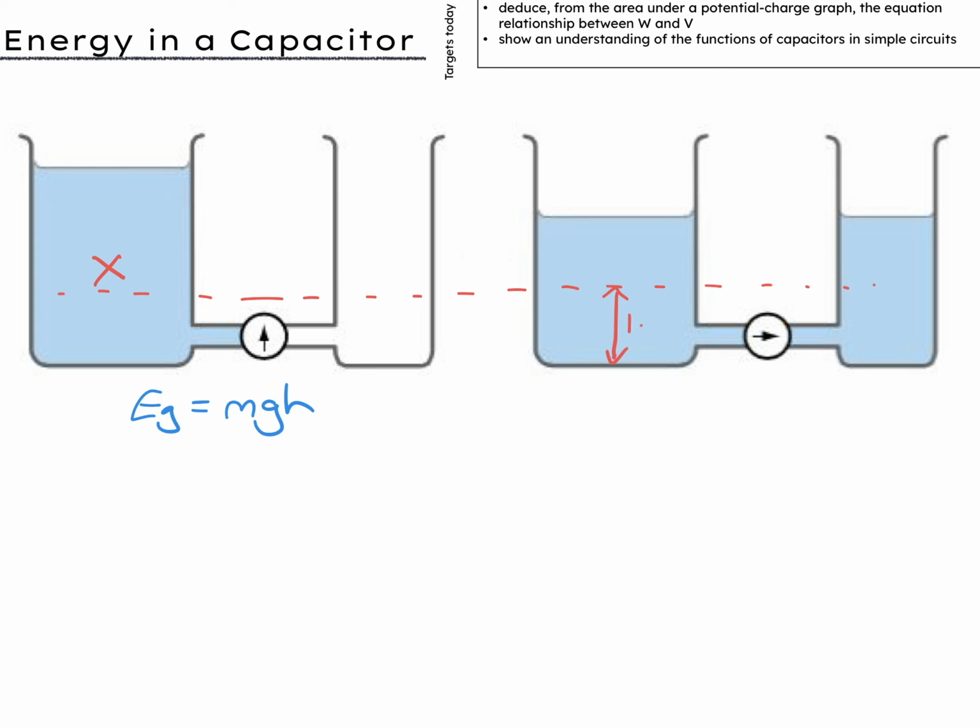So where has the energy gone? Well, this is a physical system, so we can imagine it's gone into kinetic, but then the water stopped moving, so the energy has gone somewhere else. And as usual, it's going to thermal energy. As the water moves, it rubs the sides of the container, particles interact, and so on.